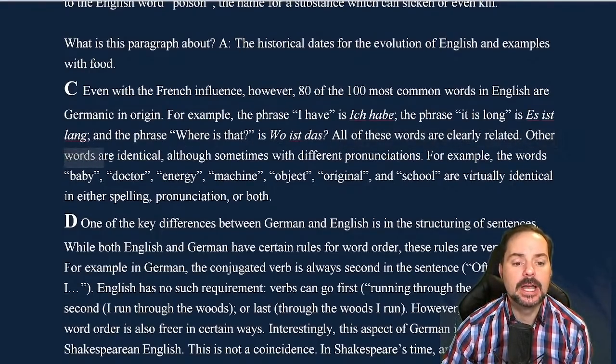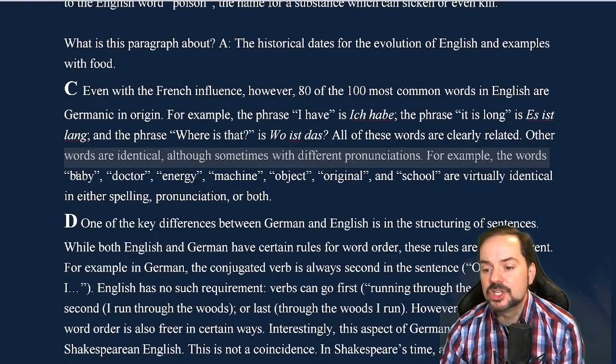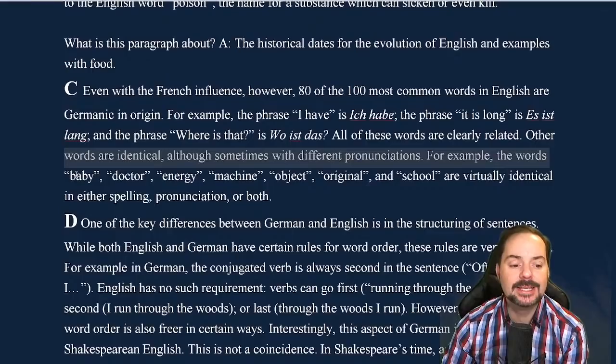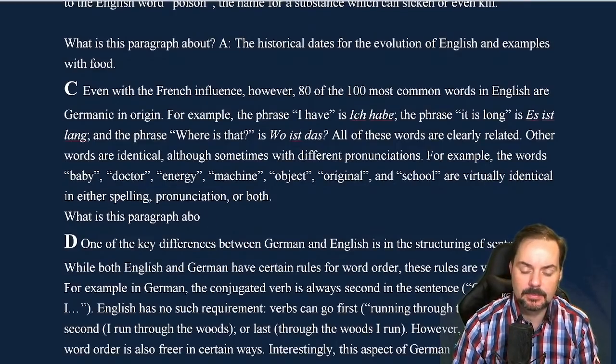Other words are identical, although sometimes with different pronunciations. For example, the words baby, doctor, energy, machine, object, original, and school are virtually identical in either spelling, pronunciation, or both. Okay, what is this paragraph about?